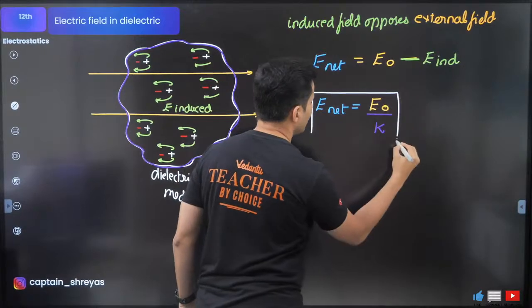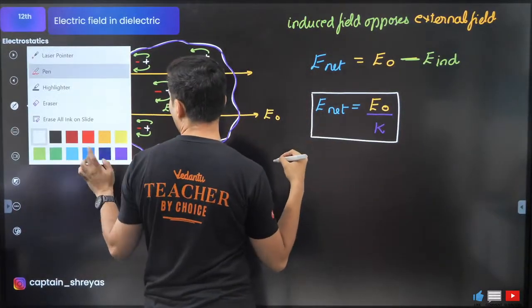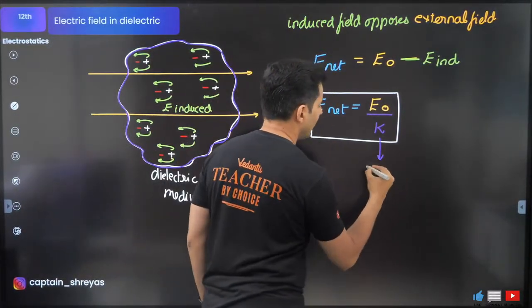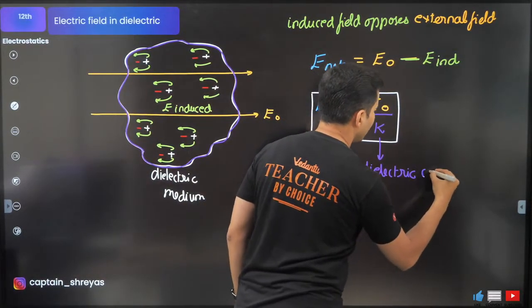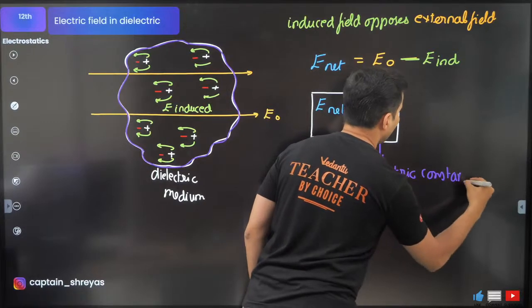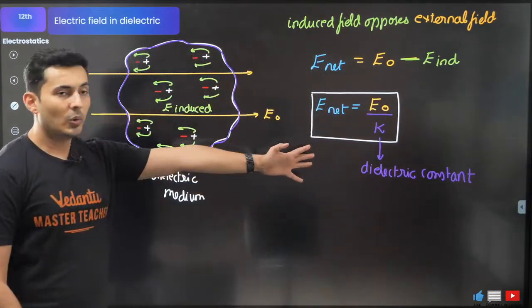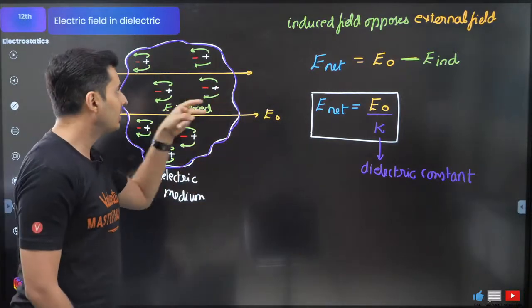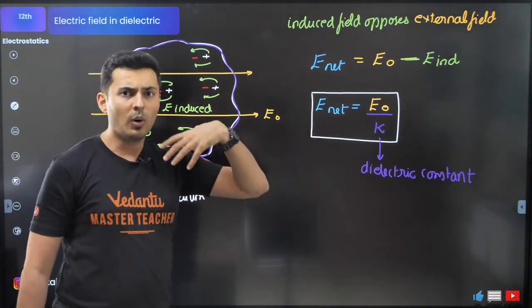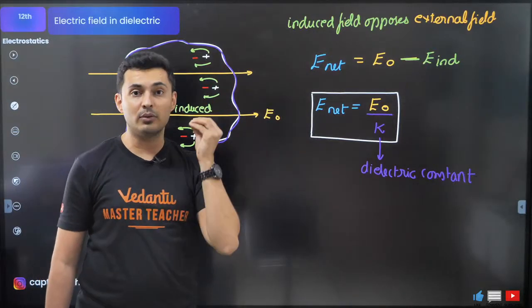You should know this. This K is called the dielectric constant of the medium. So it reduces K times. If I say K is 2, that means the moment you pass the electric field, whatever its strength, it will become half of it.